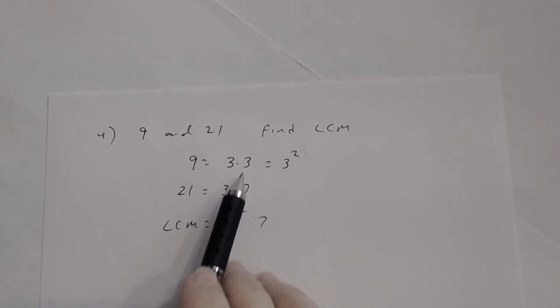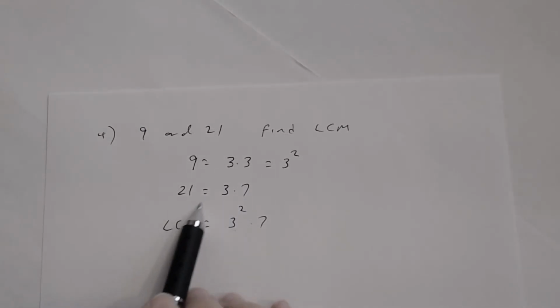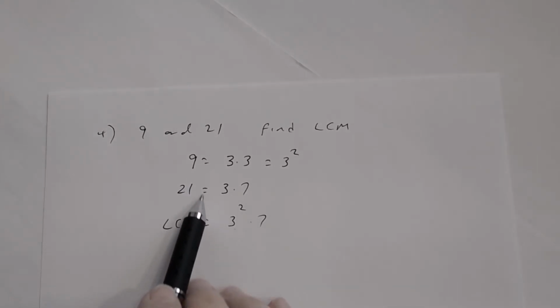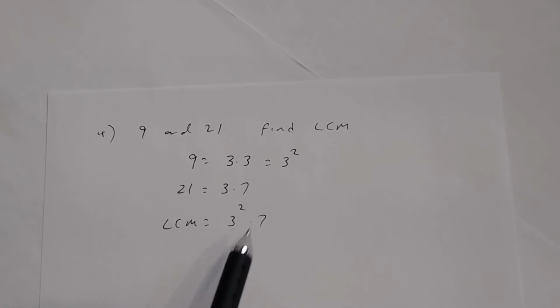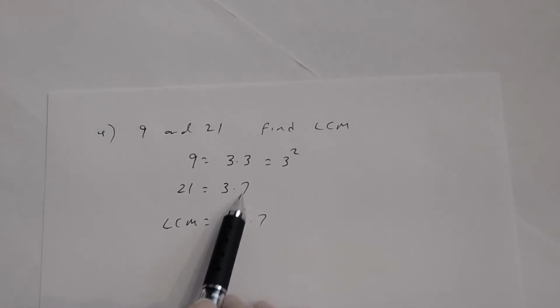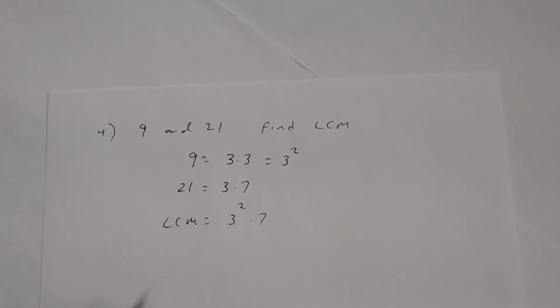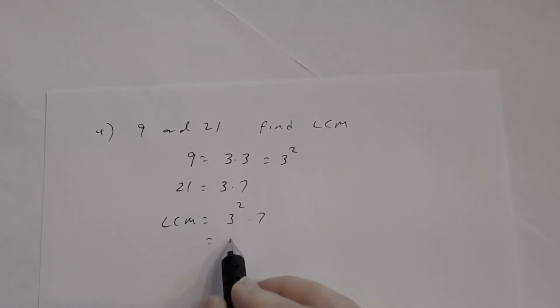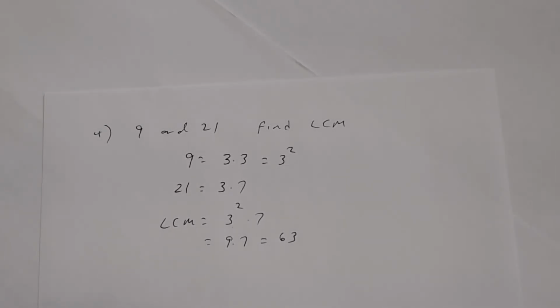Even though 7's not in this one, I have to use it, because that's the only way I can get a number greater than 21 that both of these go into evenly. Question is, how many 7's do you have here? 1. How many factors of 7 do you have here? 0. So I need just 1. And so the answer is going to be 9 times 7, which is 63. Okay, so that's how you find your least common multiple.